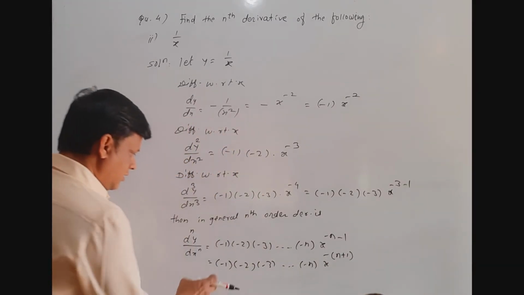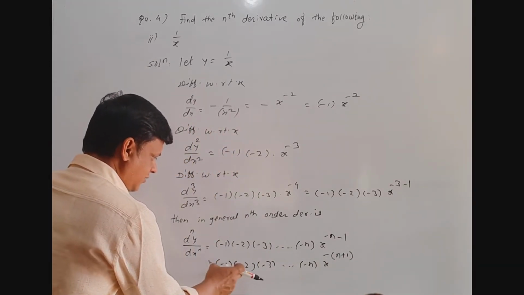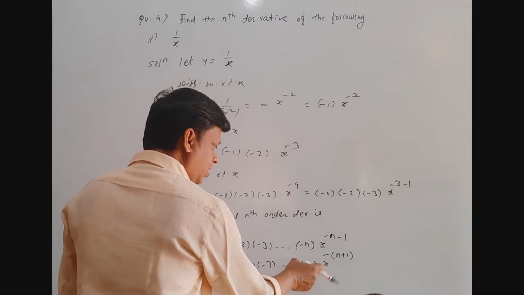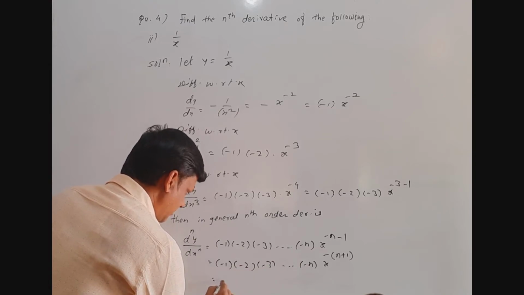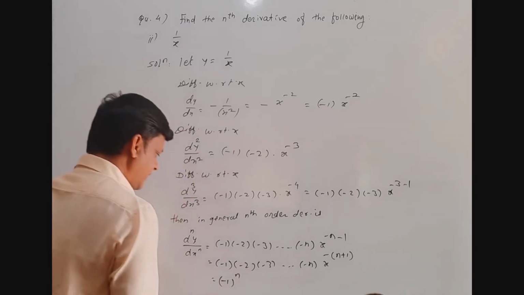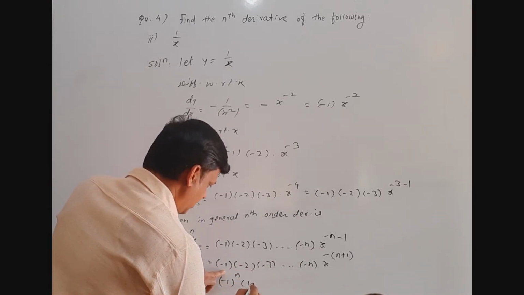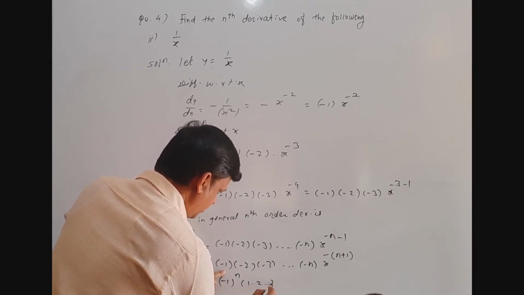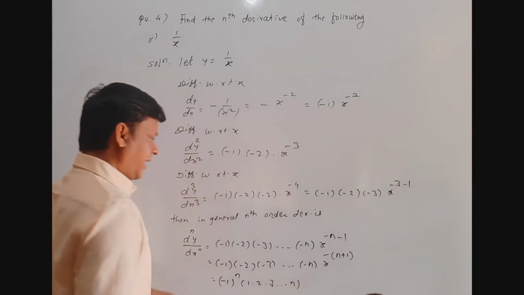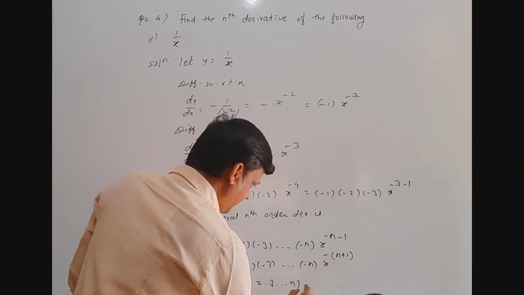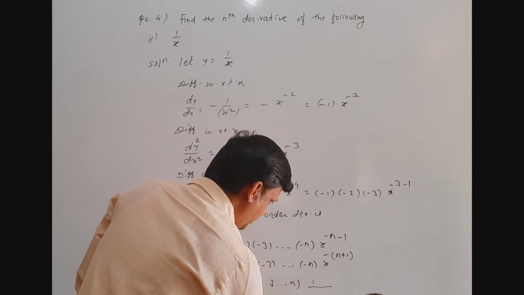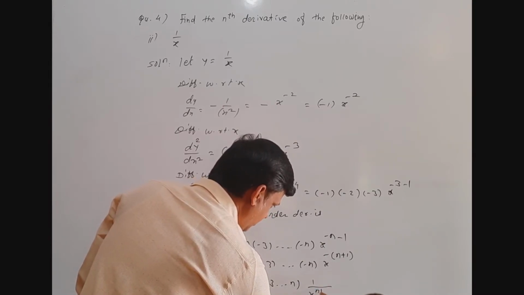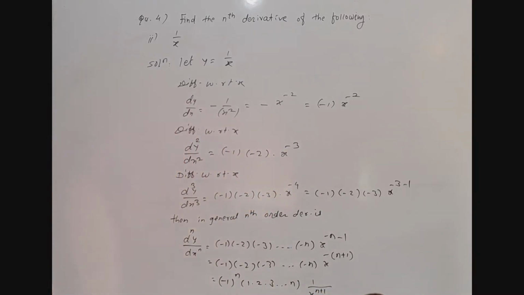So here we have minus 1, minus 1, minus 1 and so on up to n times. So we write for this minus sign, minus 1 raised to the power n, and this 1 into 2 into 3 and so on up to n in one bracket. So write here this x raised to the power minus n plus 1 in the denominator, so x raised to the power n plus 1.